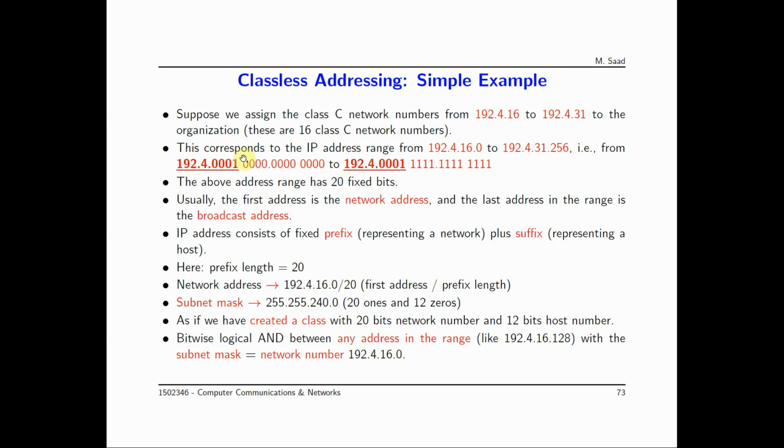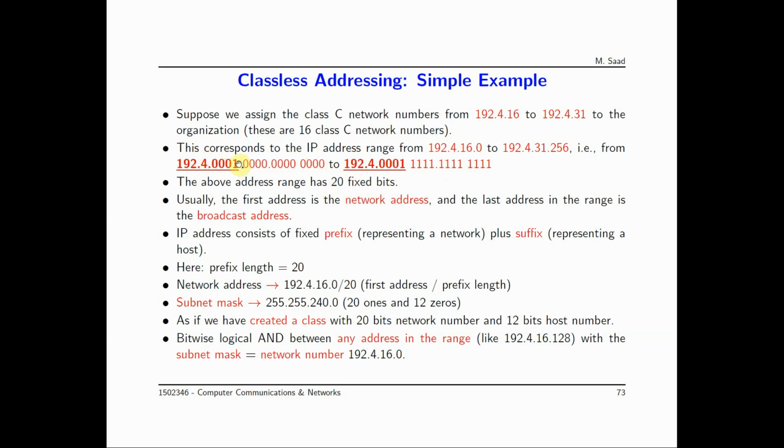In addition to this, we notice that 0001 is also fixed. It does not change. It is only the last 12 bits that are changing here. So we can say that this address range, and equivalently, let's get used to saying a block of IP addresses, that block of IP addresses from the first address until the last address has 20 fixed bits.